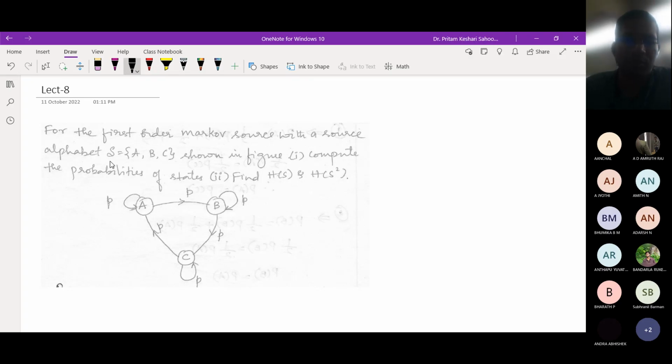This particular source, called S, has three alphabets: A, B, and C. You can call these three alphabets, symbols, or states. Shown in the figure, compute the probabilities of states. So we have to find out the probability of A, probability of B, and probability of C. This is the first part of the question.